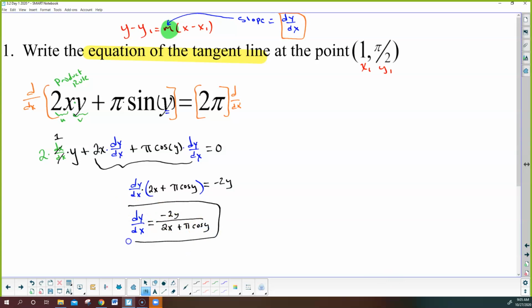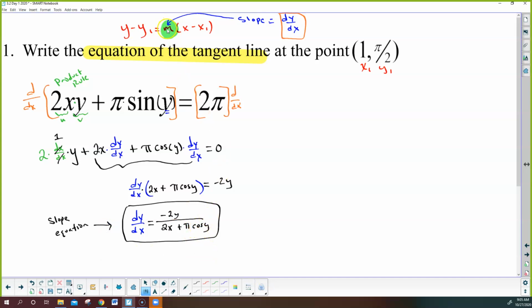And sometimes we can check to see if things can be reduced. If there was another 2 here, I could factor out a 2. These two 2's do not reduce out. All right. It's always important to understand, what did we just do? We found the slope equation.